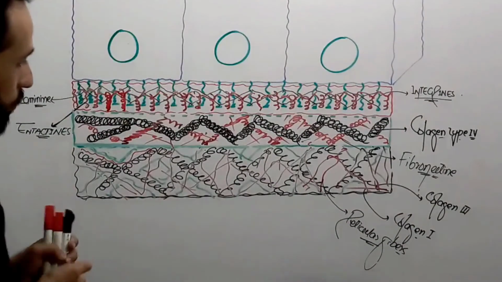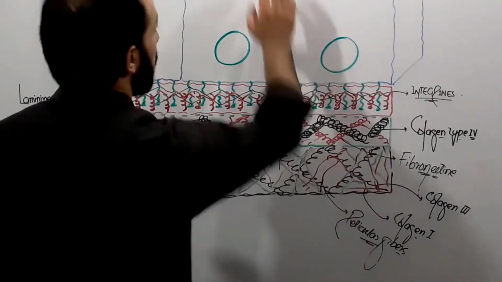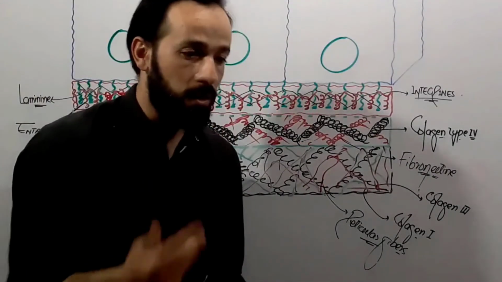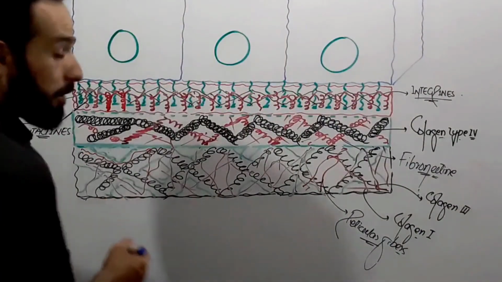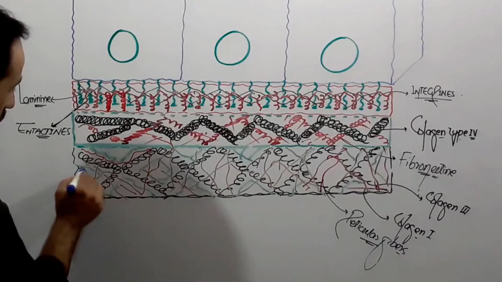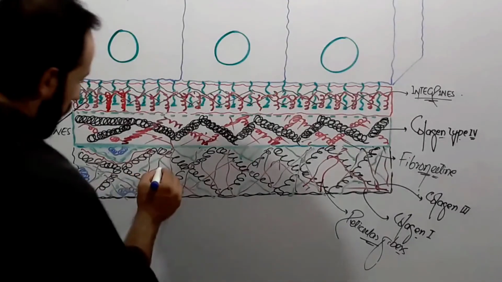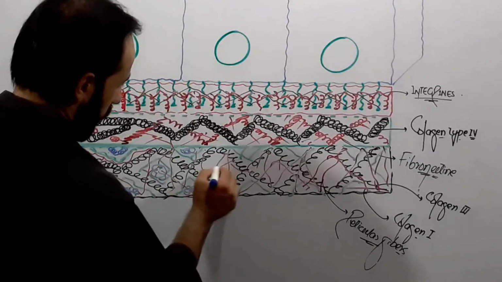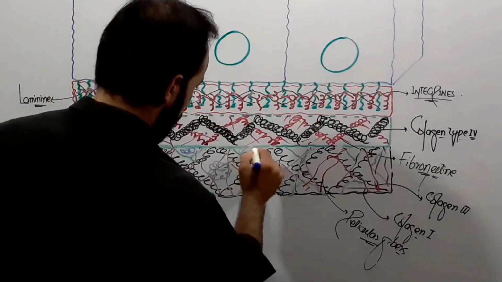Now the last thing which remains in the lamina reticularis is another type of collagen, which is called collagen type 7. So let me make it like this. This is our collagen type 7, just to know about the composition of the lamina reticularis.